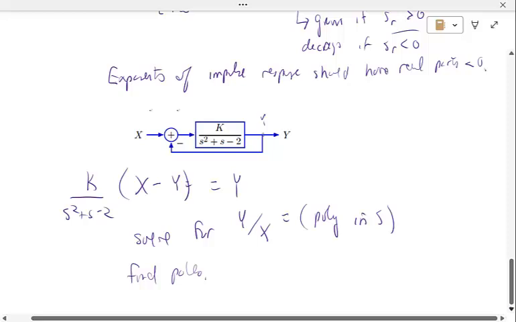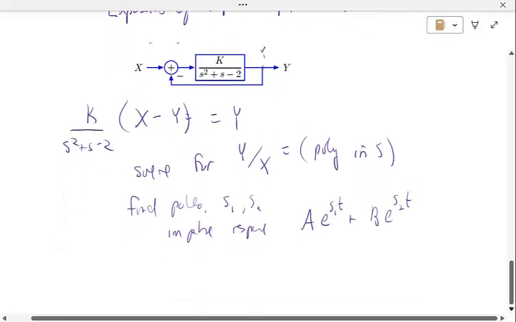So the poles, and then that means the impulse response, and I suppose they're s1 and s2. So the impulse response is going to be some multiple of e to the s1 t plus e to the s2 t. So you just need to make sure that the poles have negative real parts.